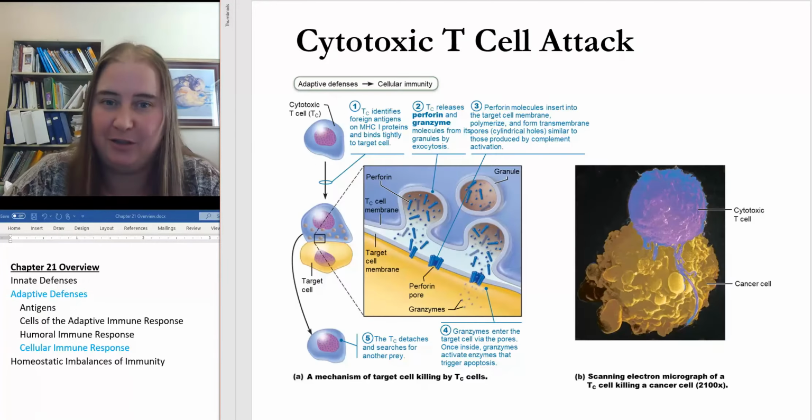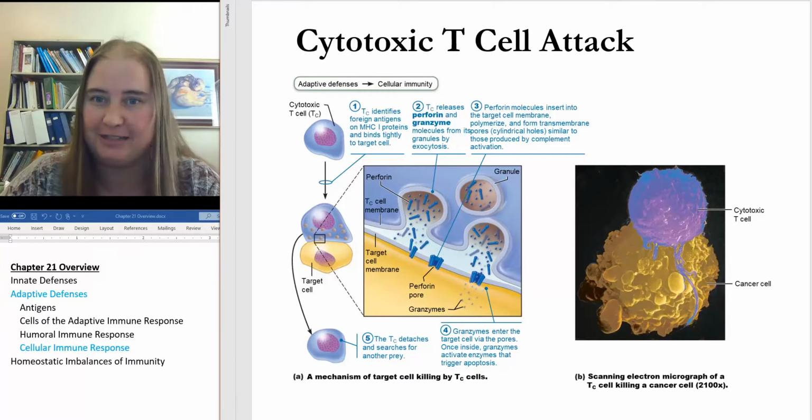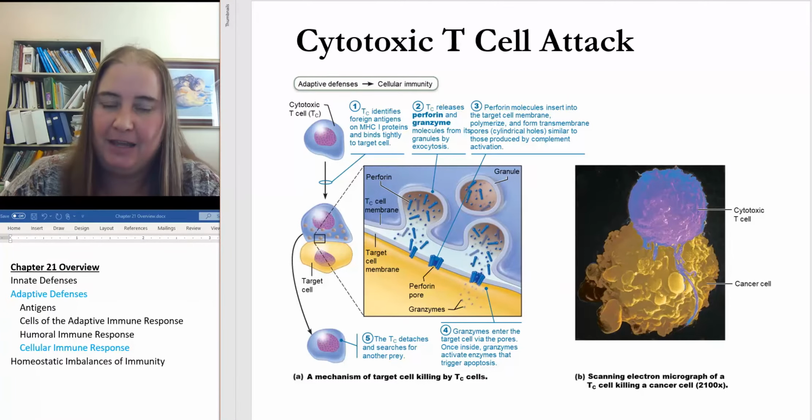So let's see how this works. This is actually a T cytotoxic cell attached to a cancer cell within the body. Essentially, here's our T cytotoxic cell, and here's our vesicle, our granules full of our granzymes.